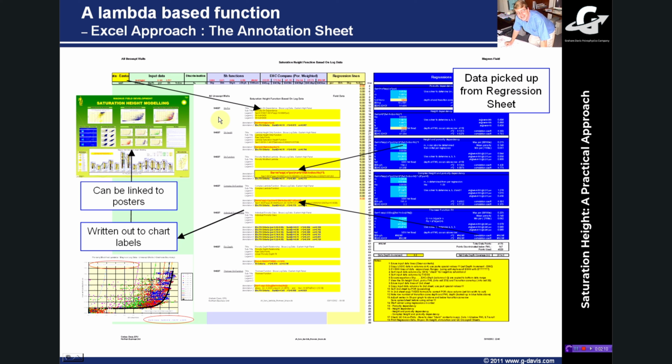So the idea is that a lot of the annotation of this stuff is all automated, and so we try and avoid getting into customized spreadsheet graphing and single build chart labels. So it's all done automatically from the annotation sheet.